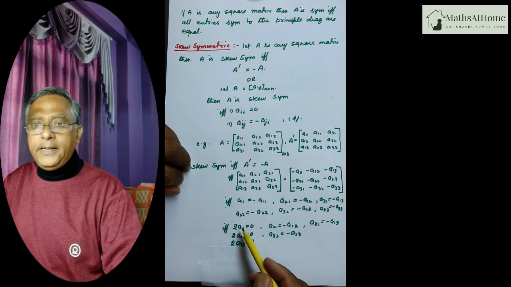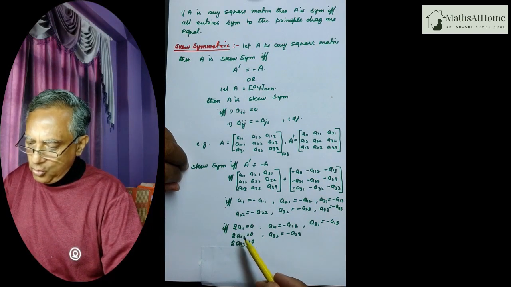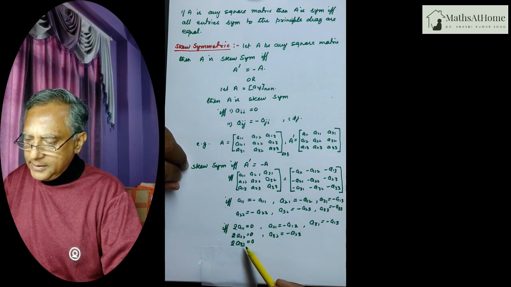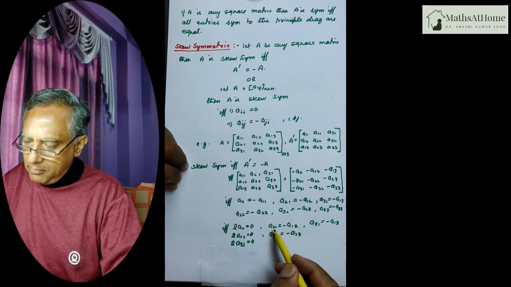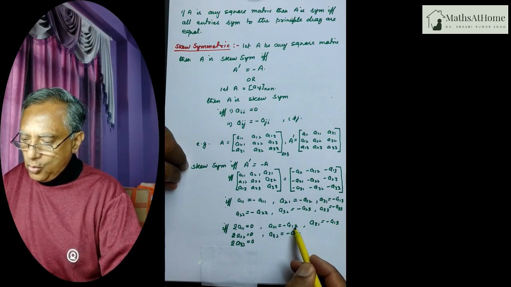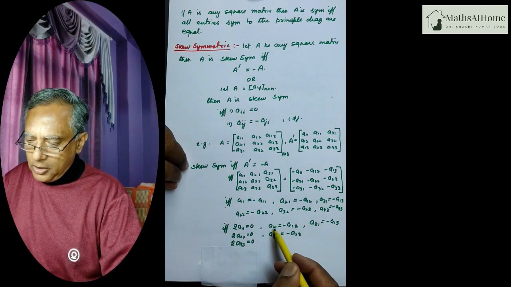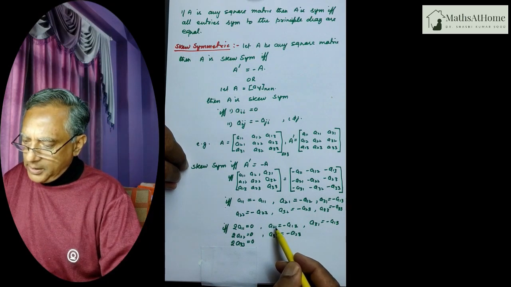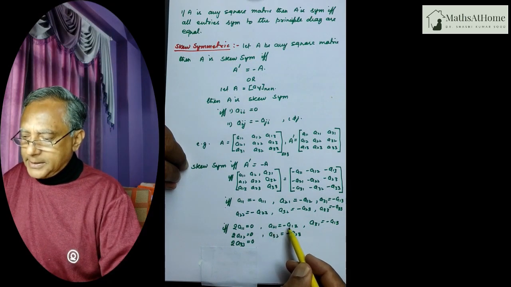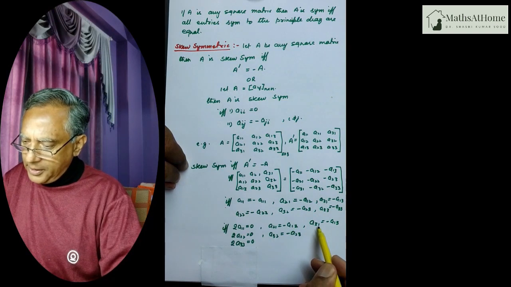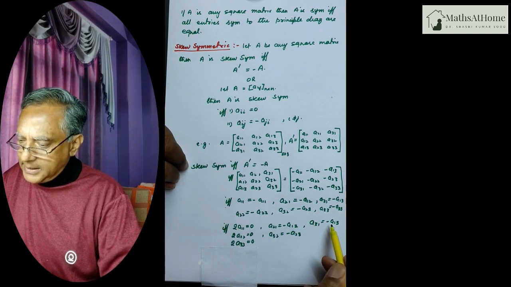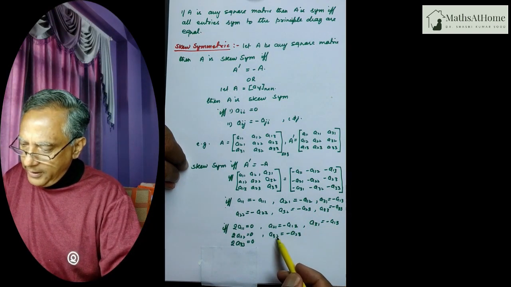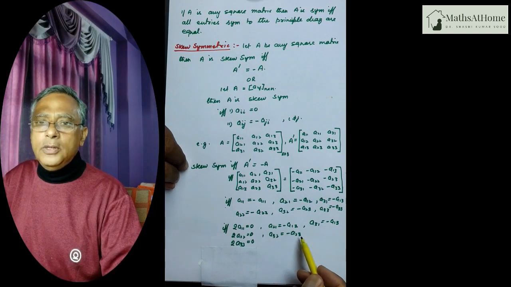So from here we get A11 is 0, A22 is 0, A33 is 0, and A21 is minus A12. If we interchange the row and column index, then we must get minus sign. A31, if we interchange 3 and 1, we get minus A13. A32, if we interchange them, we get minus A23.